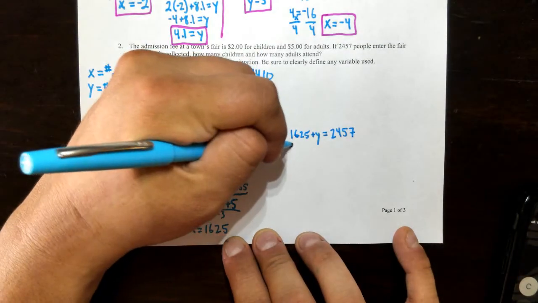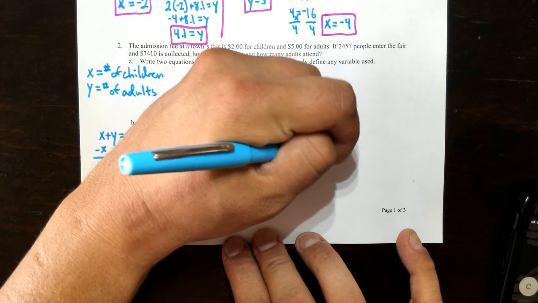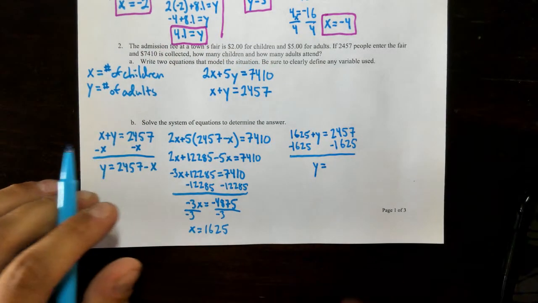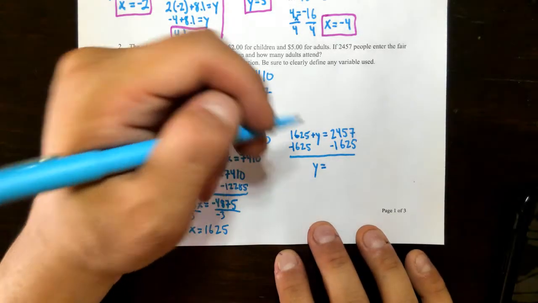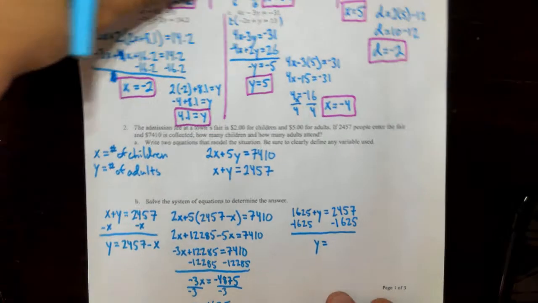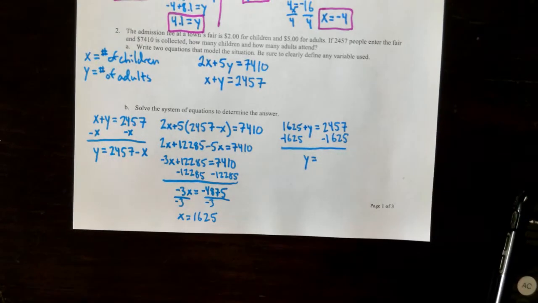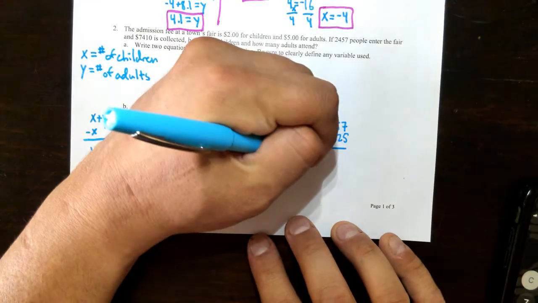Then just subtract it over, which should be pretty evident because the difference of these numbers will give us the total amount of adults. That would be 832. Let me just check. Papers flying everywhere, sorry about that. 832.